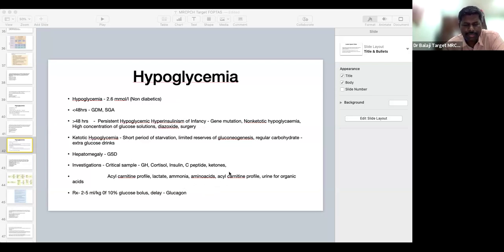As we discussed, the treatment of hypoglycemia is 2 ml per kg of 10% dextrose.